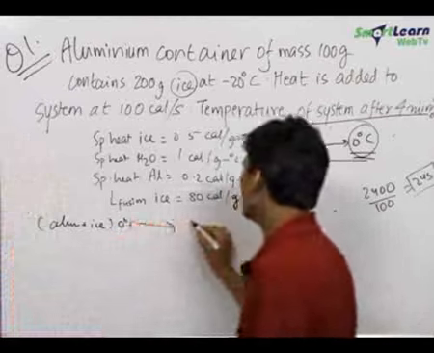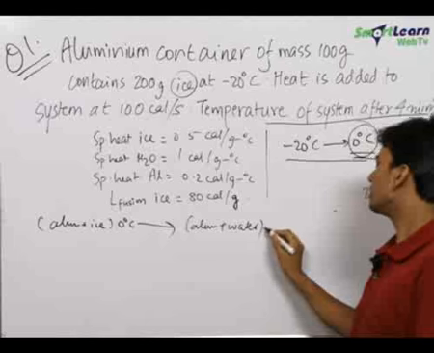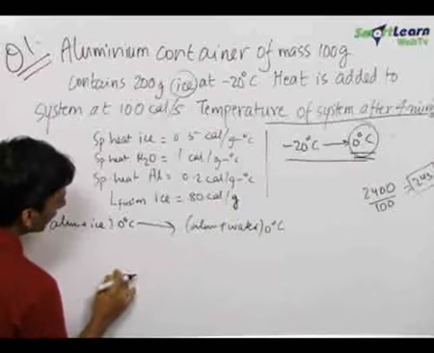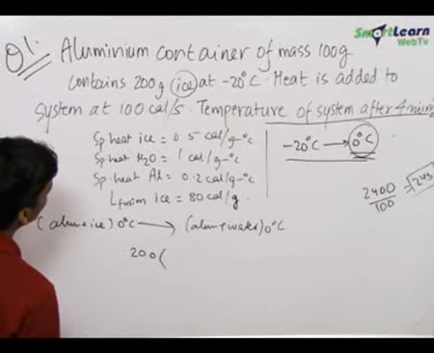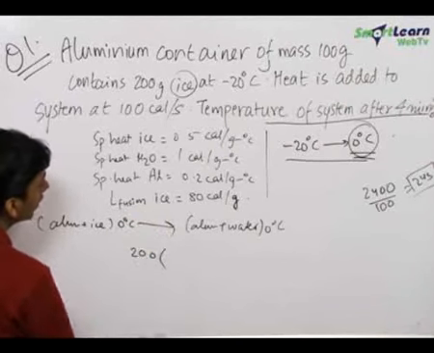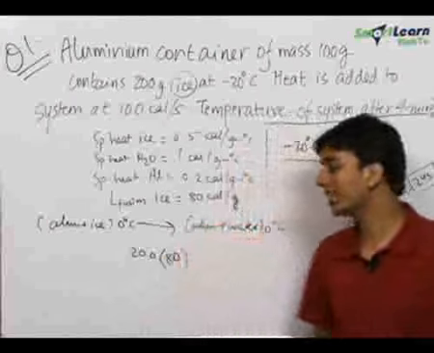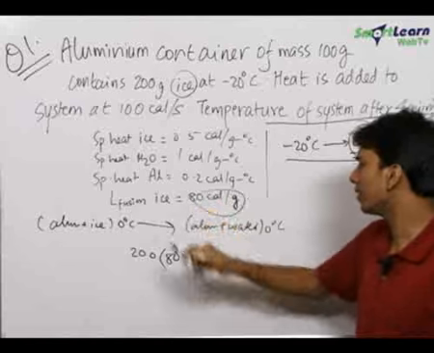Let us convert this to aluminium plus water at 0 degrees Celsius. The amount of heat required for this is equal to the mass of ice into the latent heat of fusion of ice. Whenever there is a state change, a heat is involved, that is equal to the latent heat of fusion, that is 80 calories per gram in this case.